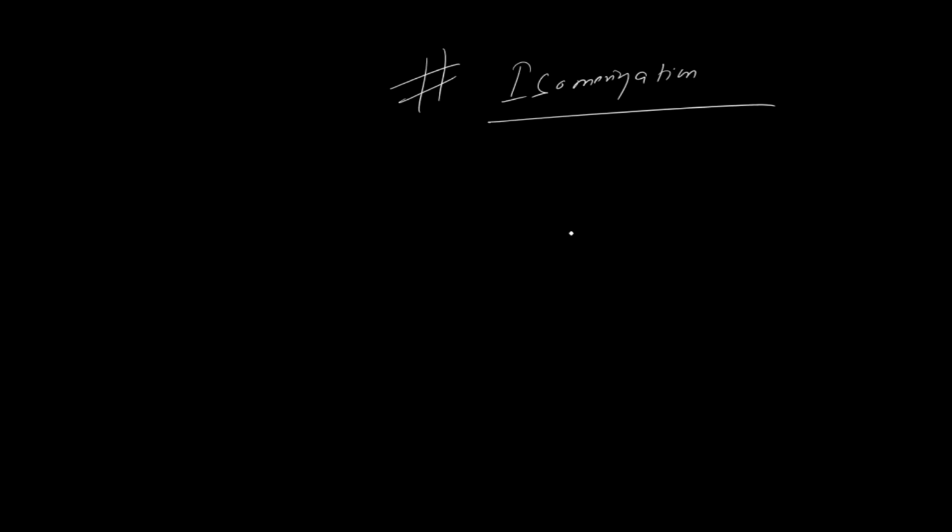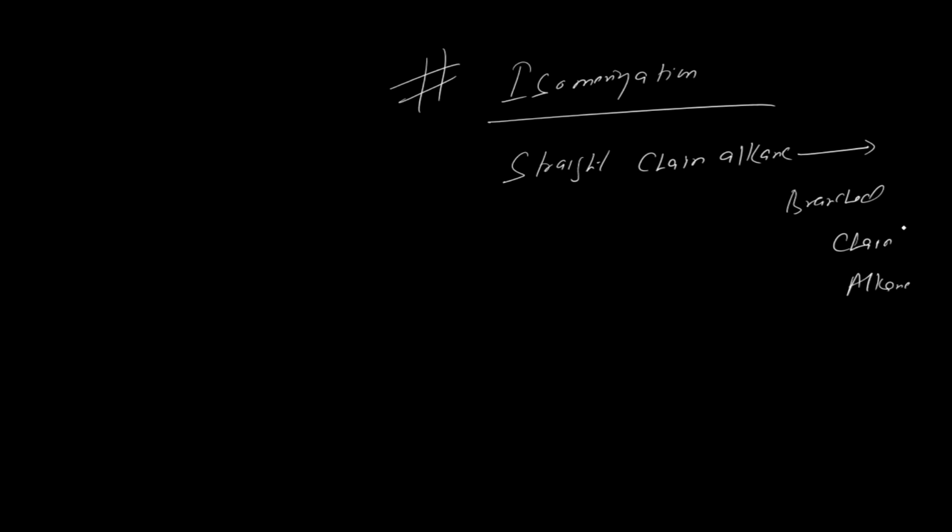So a straight chain alkane gets converted into a branched chain alkane, that is, a normal alkane gets converted into a branched chain, whether iso or neo, in the presence of some catalyst.